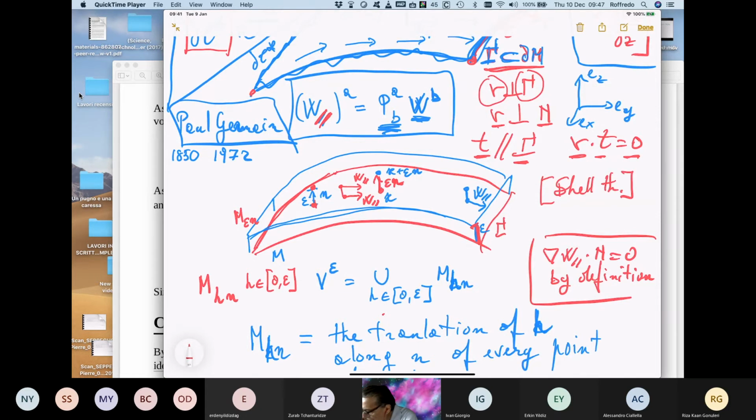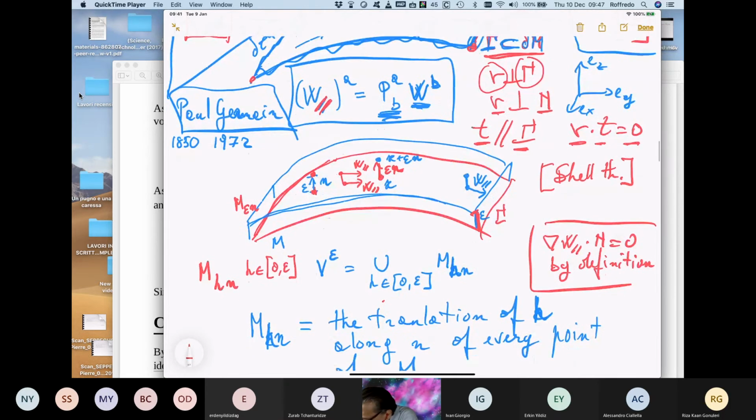So I think that it is very important that you understand the essential of differential geometry I'm telling you now, because this is not only useful for edge forces in second gradient continua, but this is also very important in shell theory.